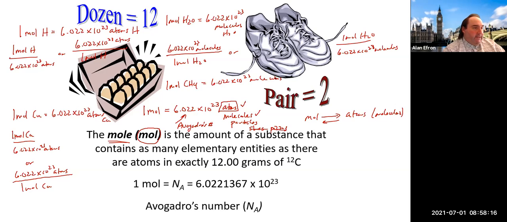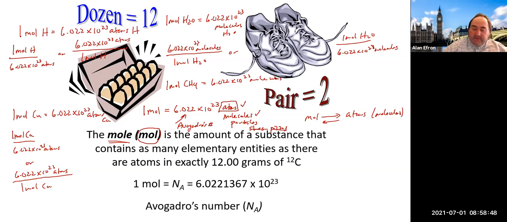Now, it's important to remember that sometimes people think, I know Avogadro's number, I should probably use it in every calculation I ever do. And you definitely don't want to use it in every calculation. You really only want to use it when one of two situations occurs. One situation is you're given a number in the problem, for example, in atoms or molecules, and you would use it to convert to moles. Or you're asked to solve for something in molecules, atoms, or something of that nature.